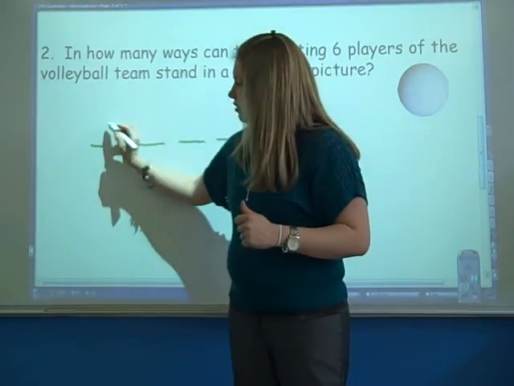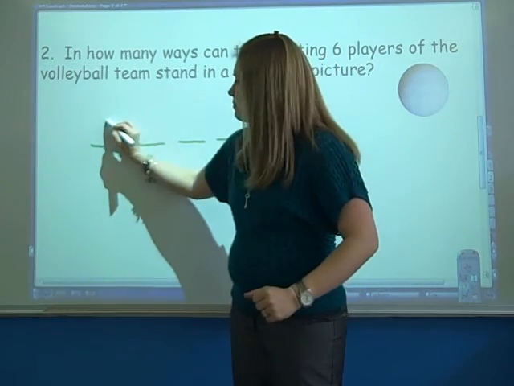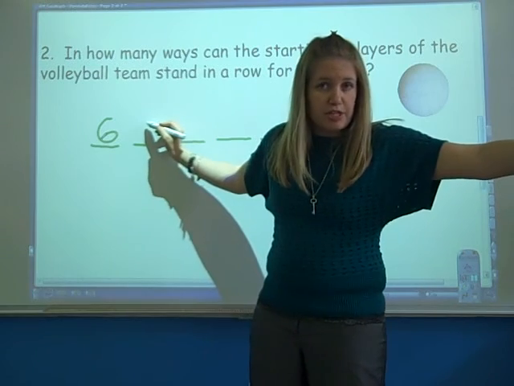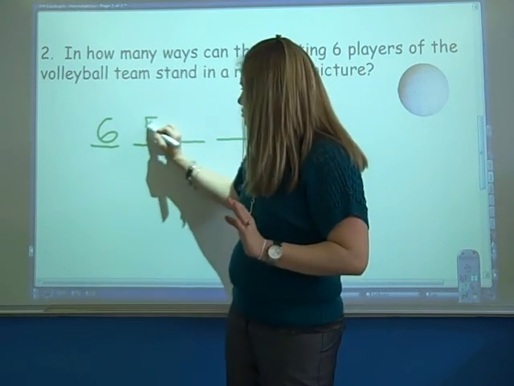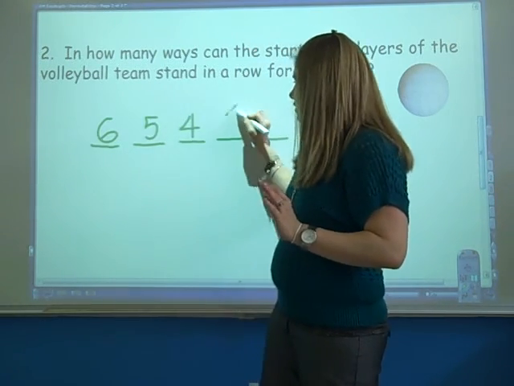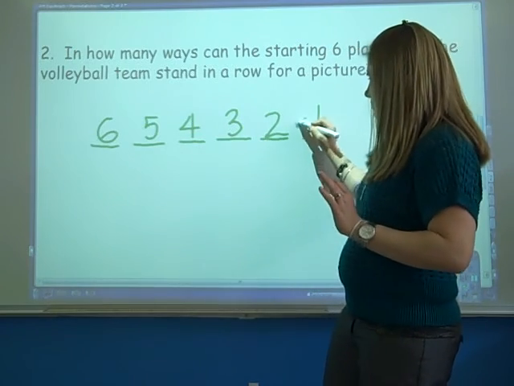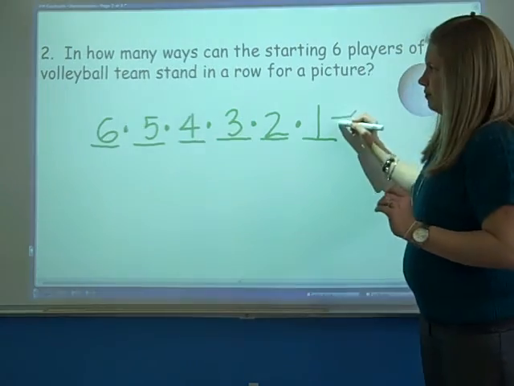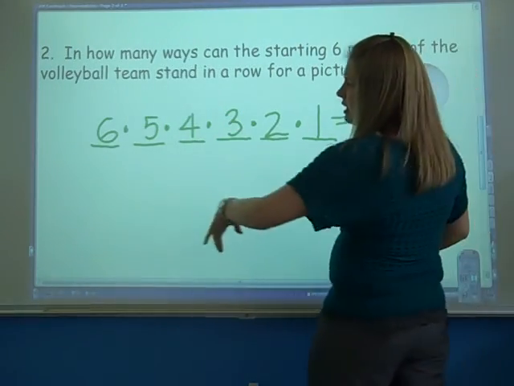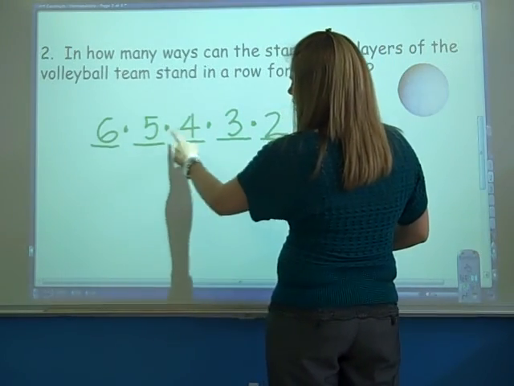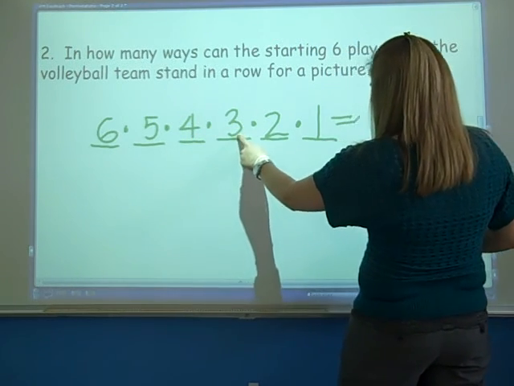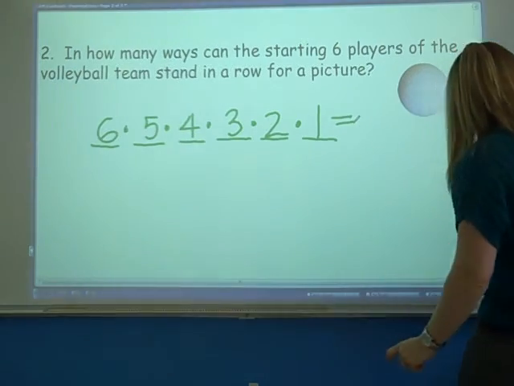For the first spot in the row, you have 6 players to choose from, so 6. Then 1 will be picked and put there in the first spot. Then you will have 5 people to choose from. Then 4, 3, 2, and 1. Okay, so you multiply all of these. 6 times 5 is 30. 30 times 4 is 120. 120 times 3 is 360.